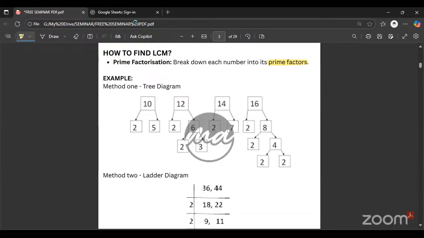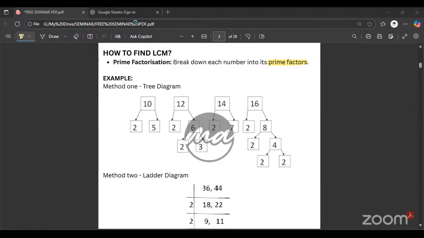For example, 2 can be divided by 1 and 2. 3 can be divided by 1 and 3. Is 4 a prime number? No, because 4 can be divided by 1, by 2, and by 4. Therefore, 4 is not a prime number.